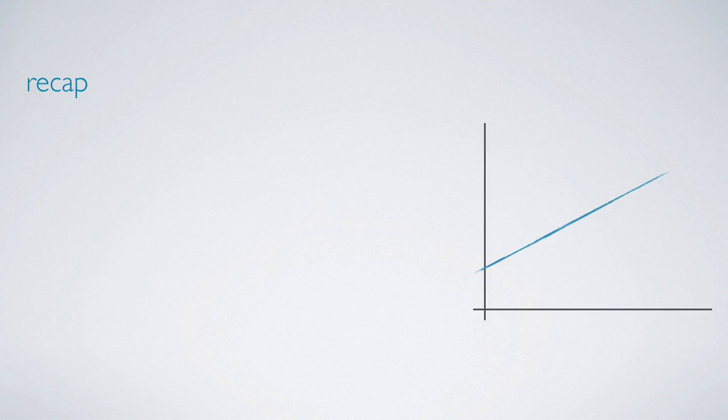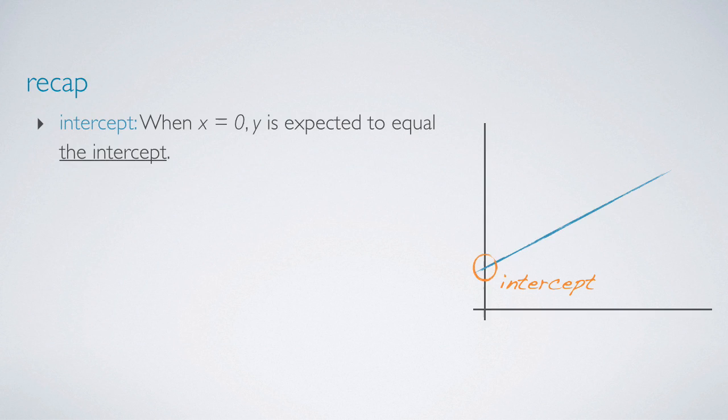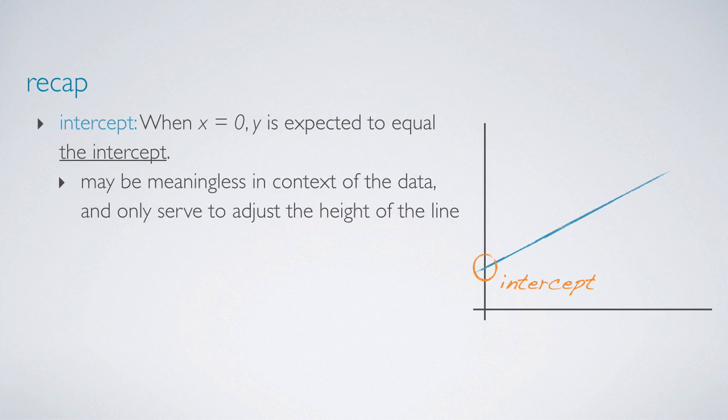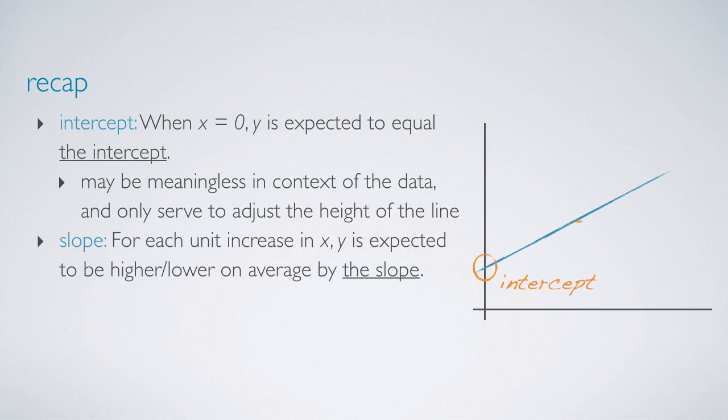So to recap, we interpret the intercept as when x equals 0, y is expected to equal the intercept. As we discussed, this may be a meaningless value in context of the data, and in those cases, it might only be serving to adjust the height of the line. The interpretation of the slope is slightly different since it's about the relationship between the two variables.